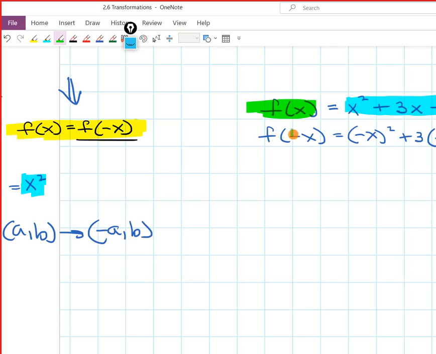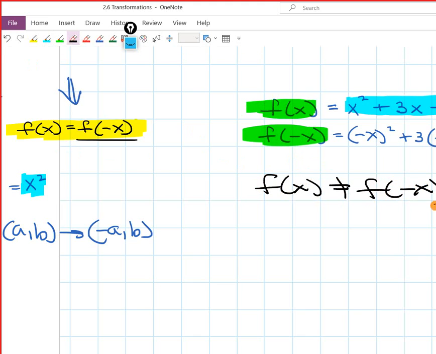So that and that are not the same. So we have shown that f of x does not equal f of negative x. So this is not even, right? What's that mean then? Odd or neither. When something is not even, it does not automatically mean it's odd. Does that make sense? Neither also. So it could be neither still. All right, so just make sure that we understand that idea.